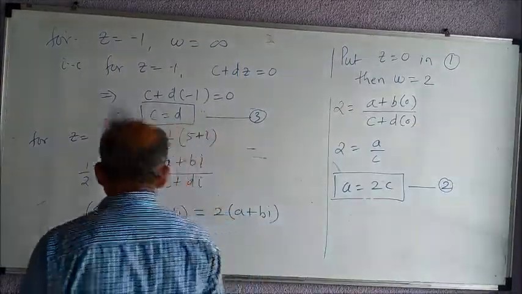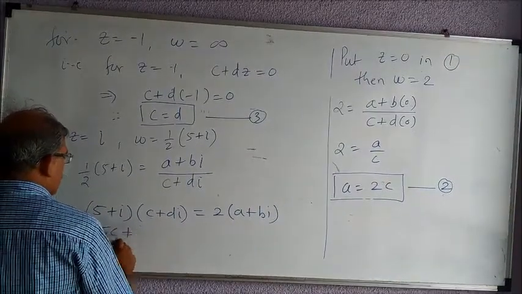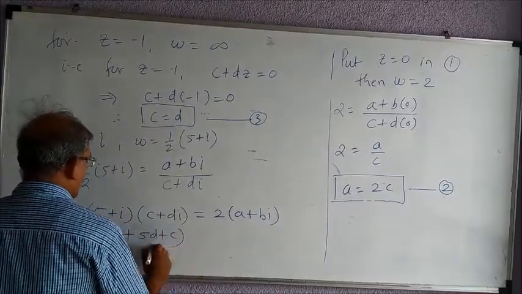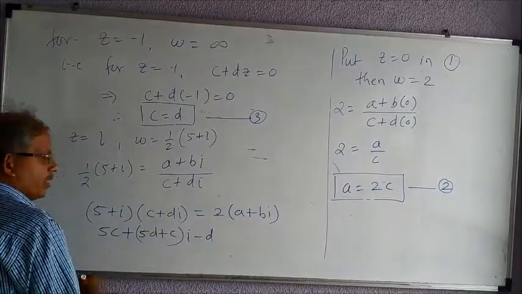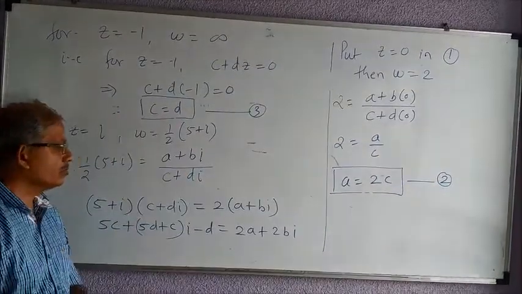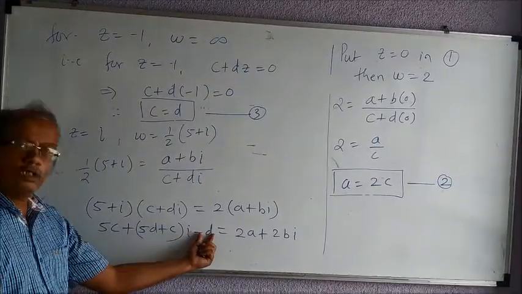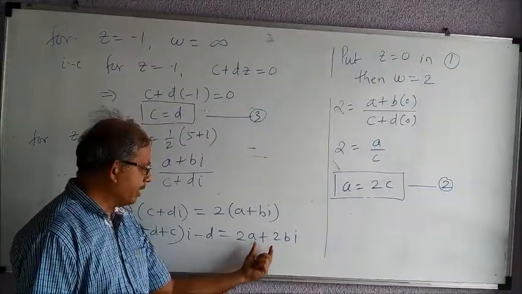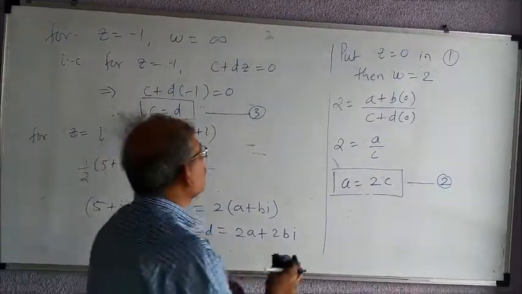So now if I open this, what I get? 5C plus 5D times i plus C times i minus D, because i square is equal to -1, is equal to 2A plus 2Bi. Now see that this is the real part, 5C minus D, and this is the imaginary part on the left hand side. On the right hand side, 2A is the real part, 2B is the imaginary part. So we will equate the real part with real part and imaginary part with imaginary part.